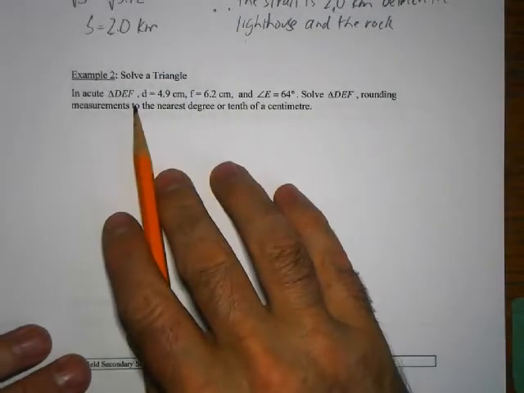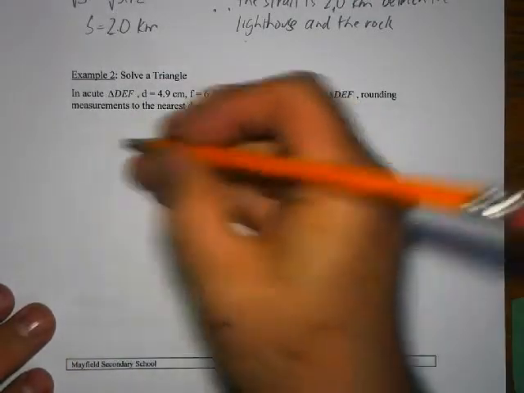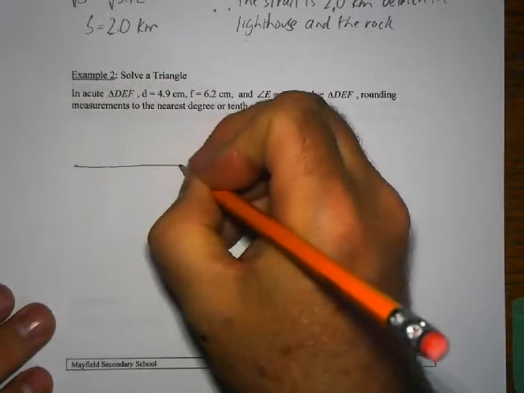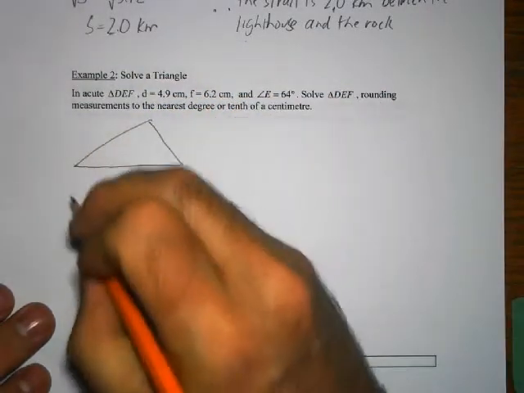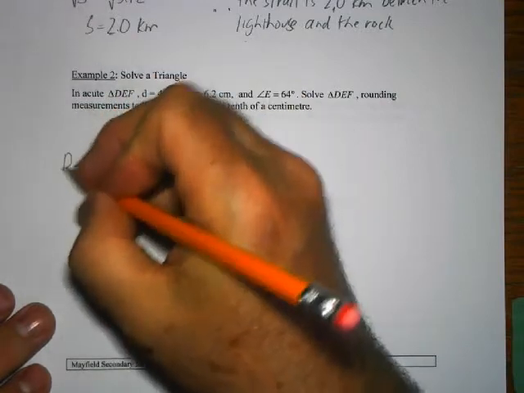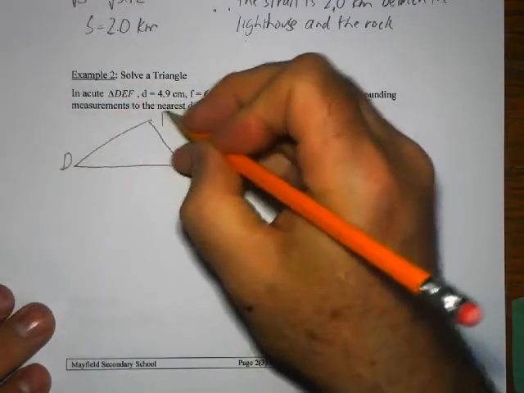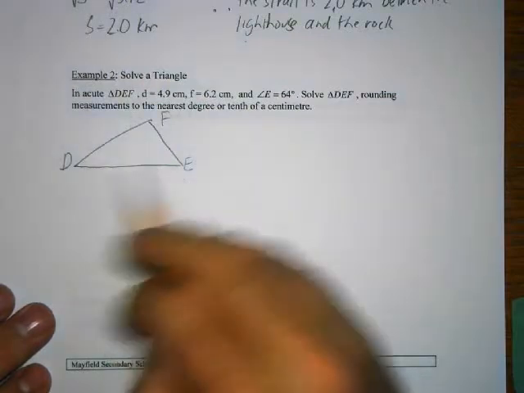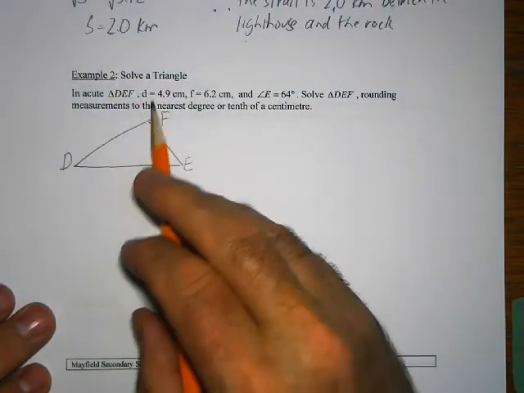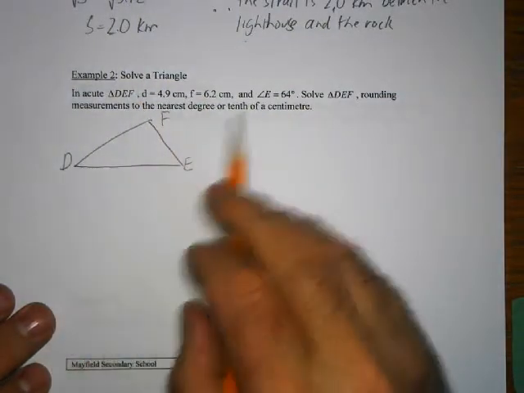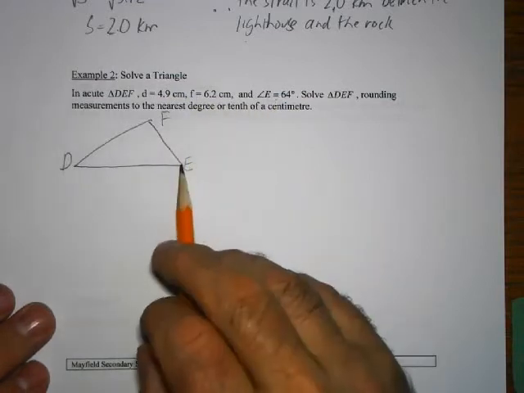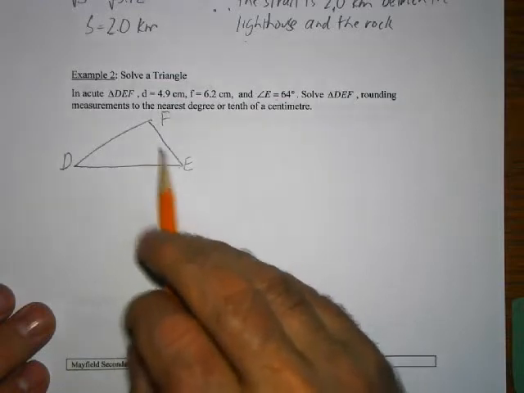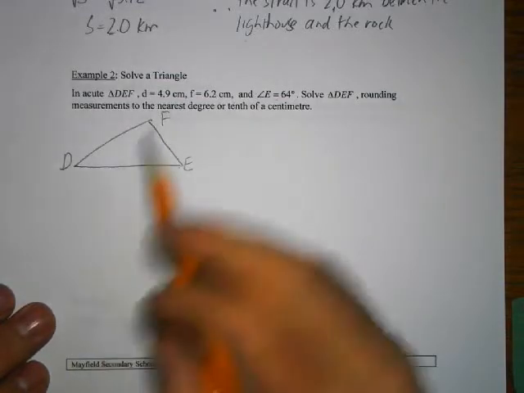We have triangle DEF. Okay, so I'm just going to draw a fairly generic triangle here and label it DEF. Now, it's pretty hard to draw this triangle by looking at this information. The one thing that I would use is make sure that this angle here is close to 64, which it might be.